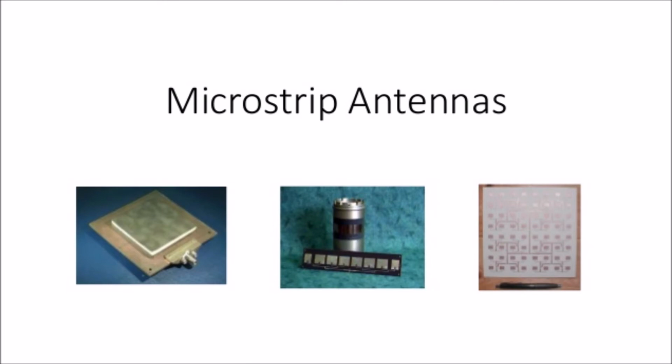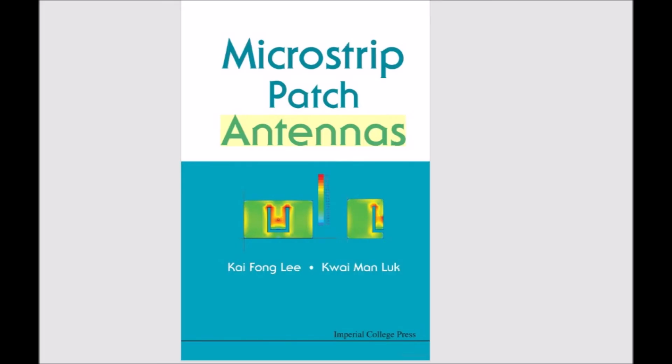It was first proposed by Deschamps. However, little attention was paid to his idea until the 1970s. Since then, this class of antennas has been the subject of intensive research and development. There are several thousand papers published on the subject, as well as a number of books. A list of books is given in the reference.